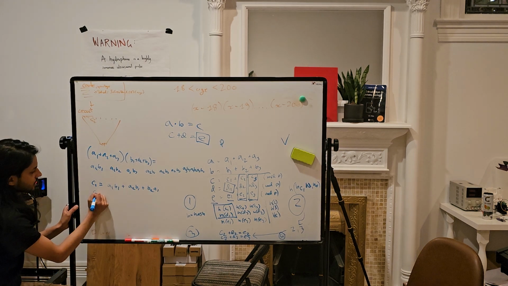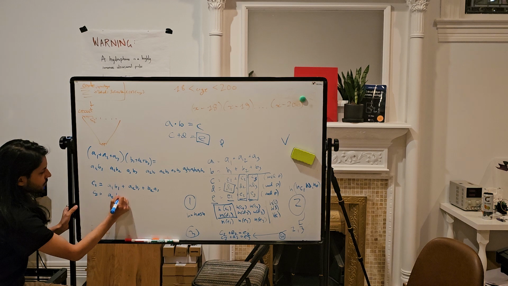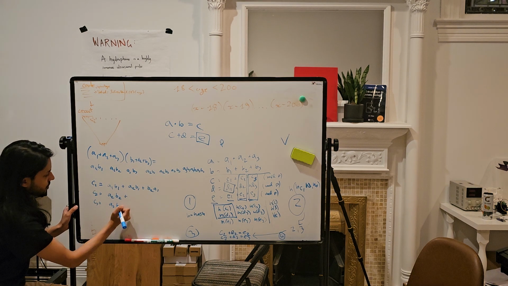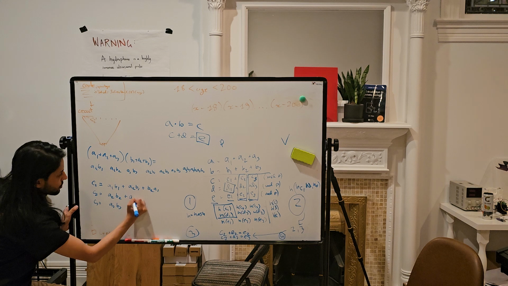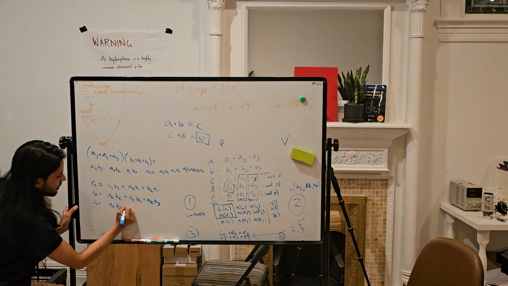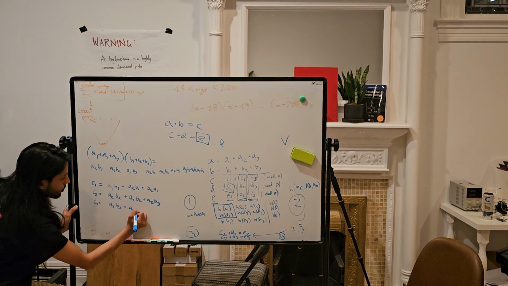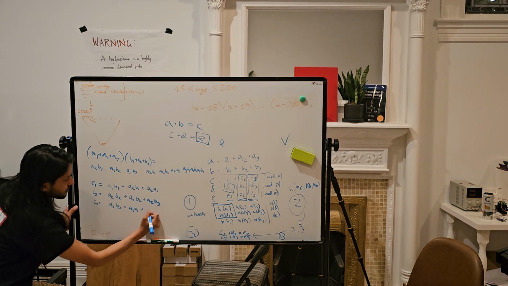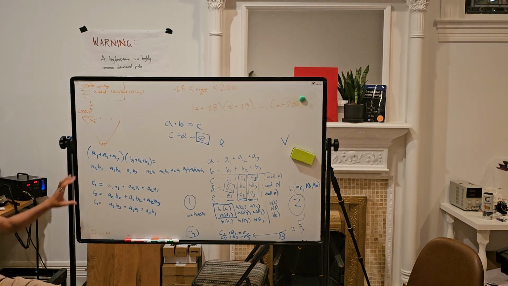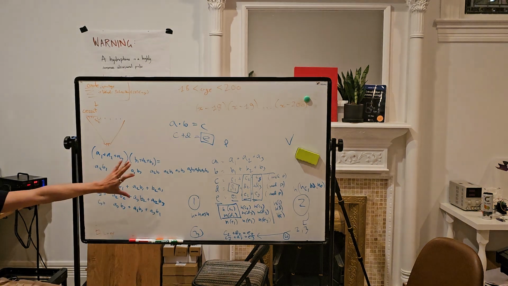And then we're going to take C2 equals A2 B2 plus A3 B3 plus A3 B2 plus A2 B3, and this is plus A1 B3 plus A3 B1. Okay, so now if we add all these up, the multiplication lines up.